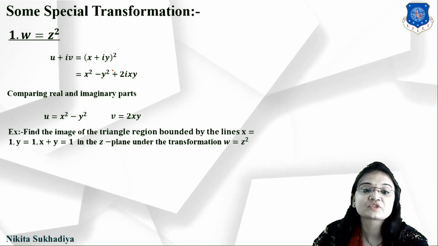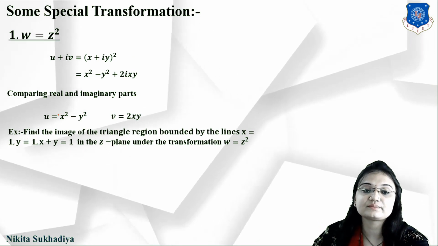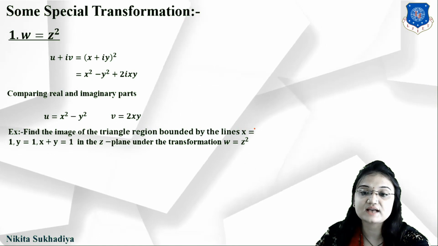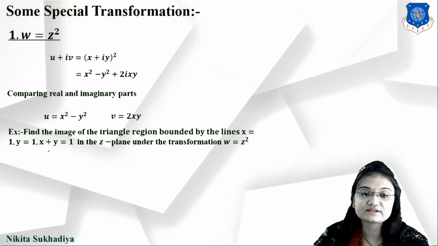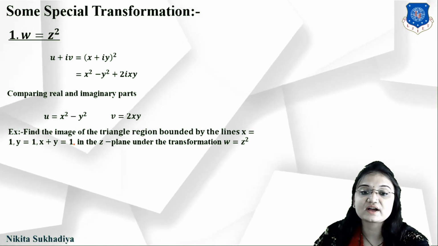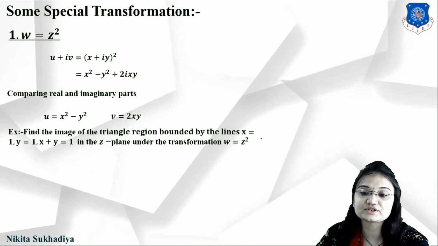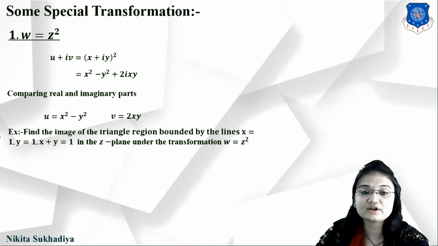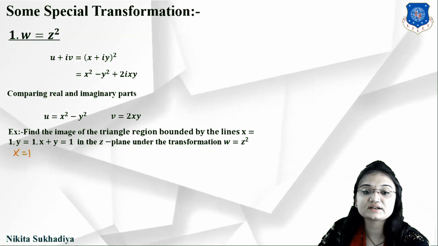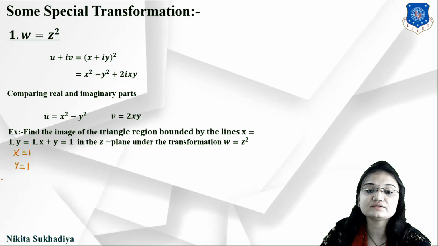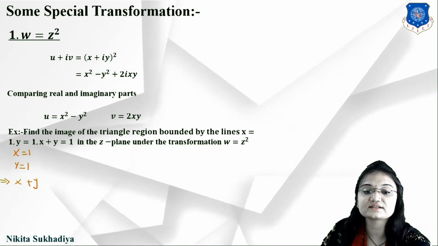Let us understand with an example: find the image of the triangular region bounded by the lines x is equal to 1, y is equal to 1 and x plus y is equal to 1 in the Z plane under the transformation W is equal to Z squared. So here we have the first line x is equal to 1, the second line y is equal to 1, and the third line x plus y is equal to 1.